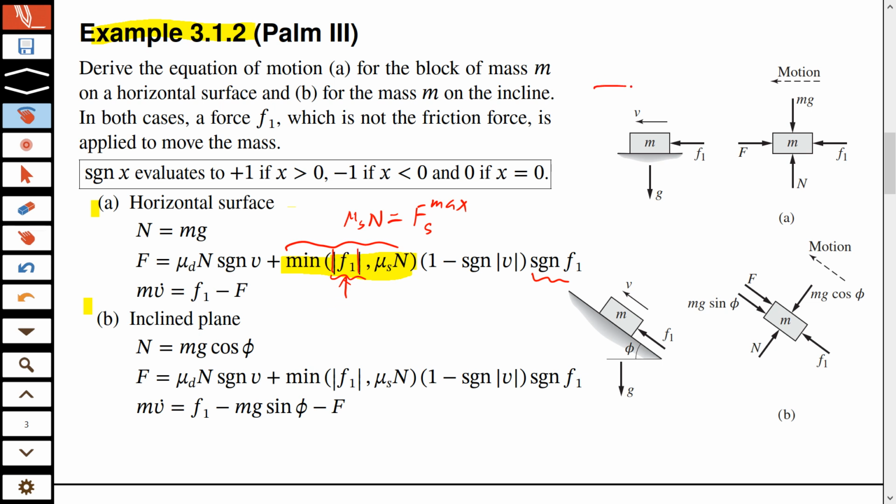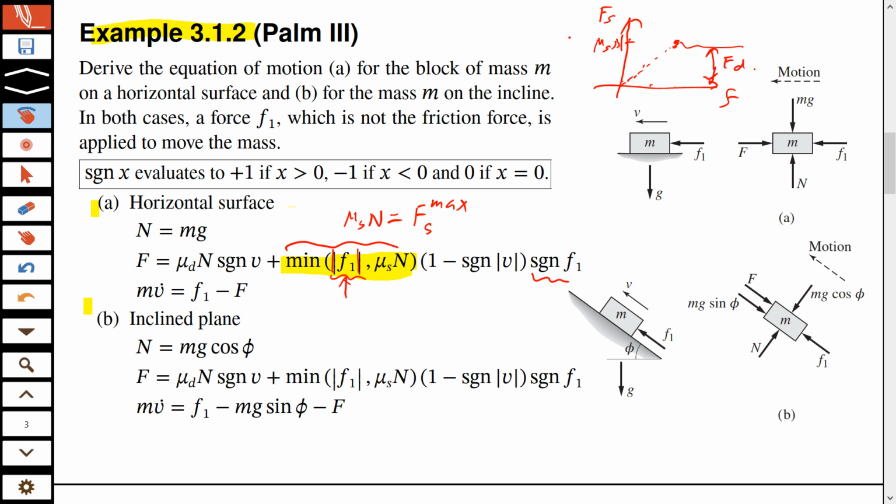So if you plot static friction against the applied force, let's say this is the applied force, for smaller values it will be equal. If you increase the applied force, the friction force will also increase, and this straight line will follow till this maximum value, which is mu sn, and after that you have a constant value, which is dynamic friction, fd.